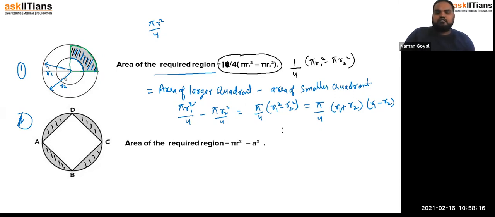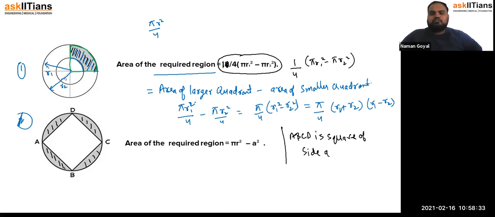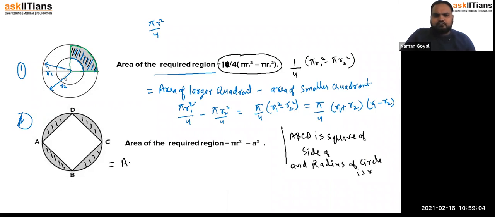In this question, the information is given that ABCD is a square of side a, and the radius of the circle is R. So for the area of the shaded part, we are going to subtract the area of the square from the area of the circle. So the area of the required region is area of circle minus area of square.